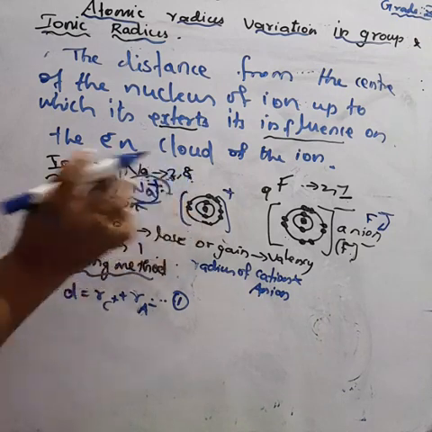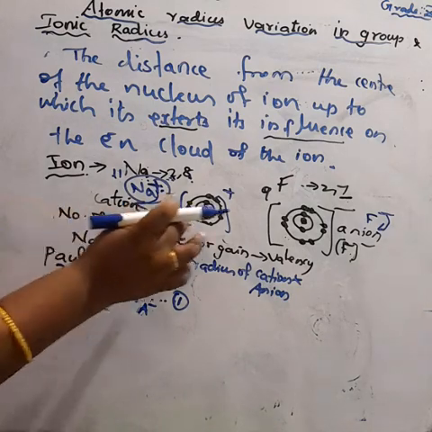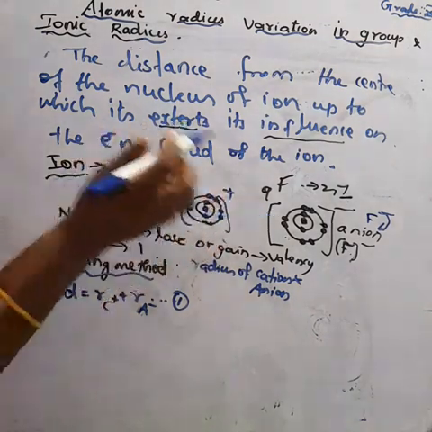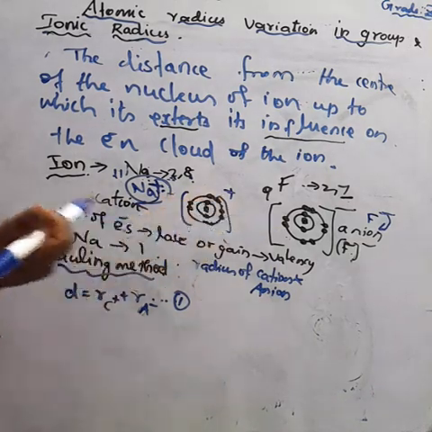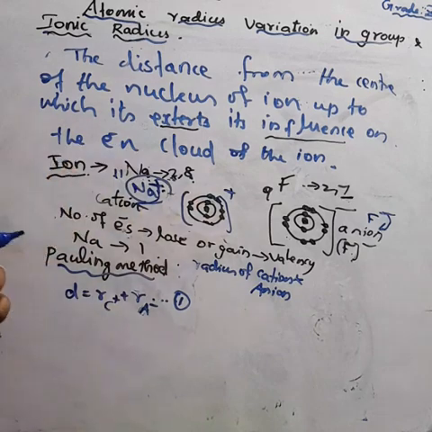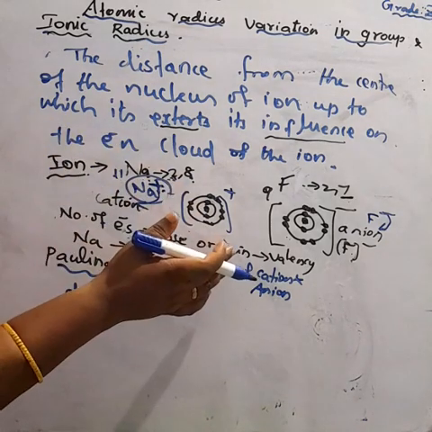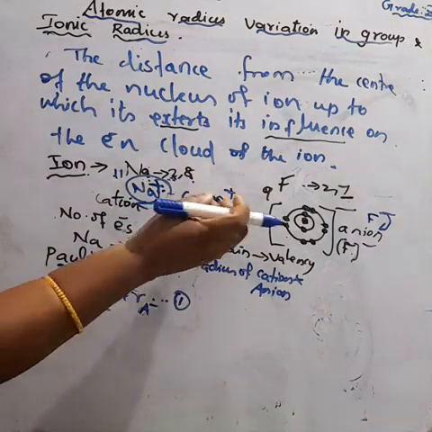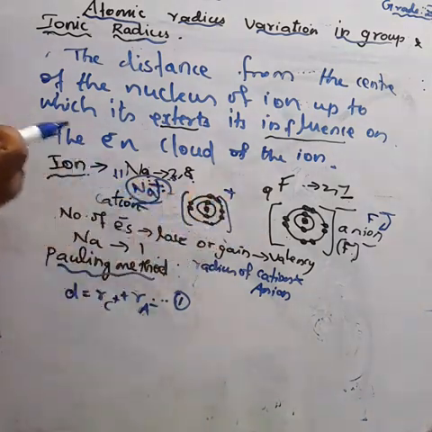So the nuclear charge is higher than that of the electrons, so the nucleus attracts the electrons with very high force. When it attracts the electrons with very high force, the radius of the cation will be low. Understood?